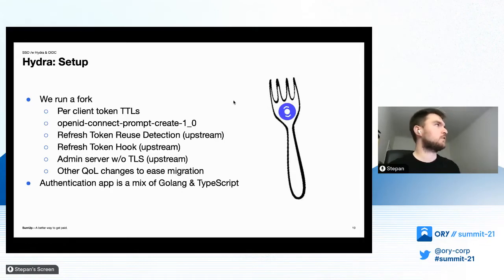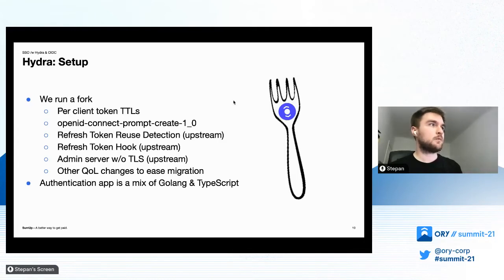And because our infrastructure runs in such a way that we have our own Ingress infrastructure, we don't need TLS enabled on the admin API. We can just protect it ourselves with a proxy. And there are other quality of life changes too.